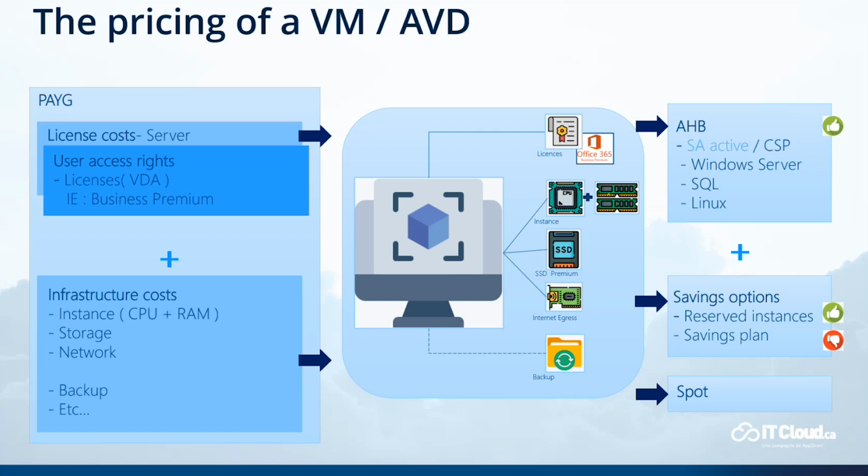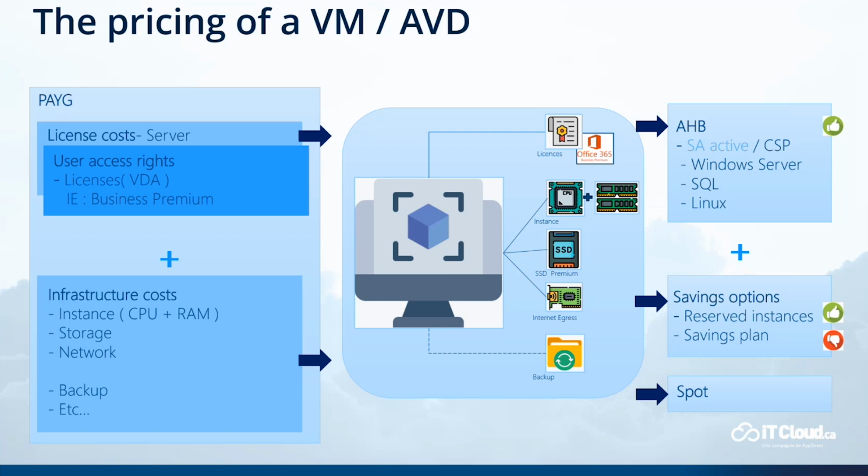What's next? Saving options regarding the infrastructure. You can apply reserved instance, but there are a lot of other types of reservation. But most of the time for SMB, the instance is the most popular. But you can play with hard drives, 1 TB and more, and other kinds of services like that.